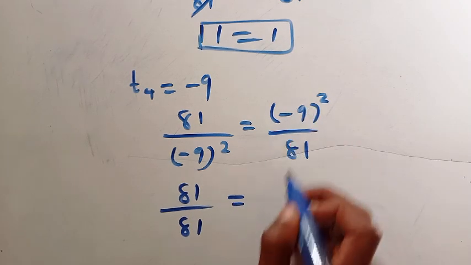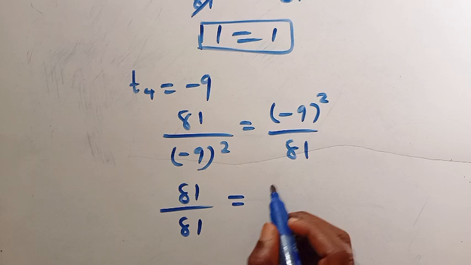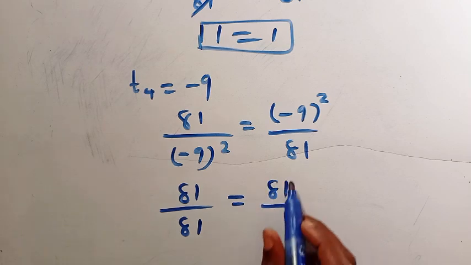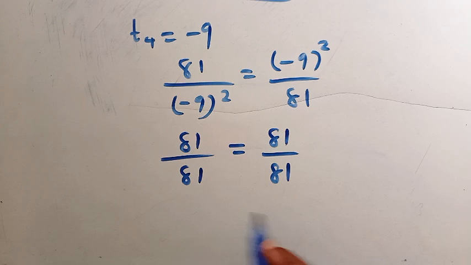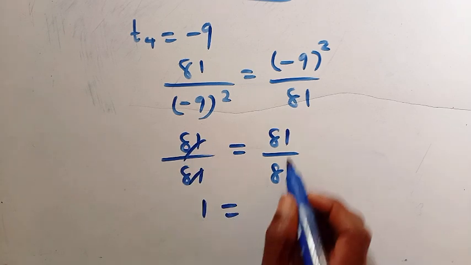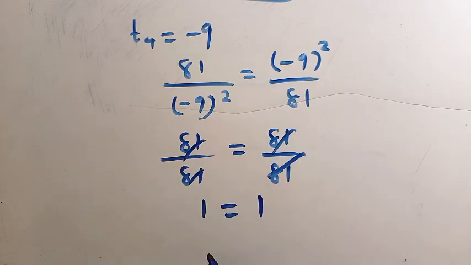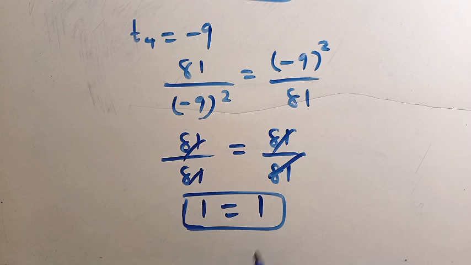So 81 over 81 gives us 1, equals 81 over 81 also equals 1. 1 equals 1 also satisfies this. So this is how I solve this problem step by step and in an easy way.